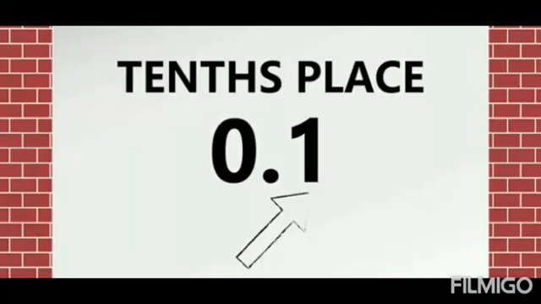The right side is all decimal place values and the left side is all whole-number place values. In the decimal part, the first place value is the tenths place. So what is the place value of the digit here? That is the tenths place. And what is the place value of 0? Yes, that is the unit or ones.